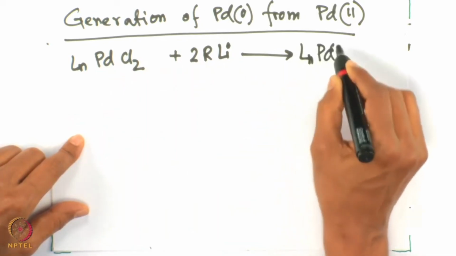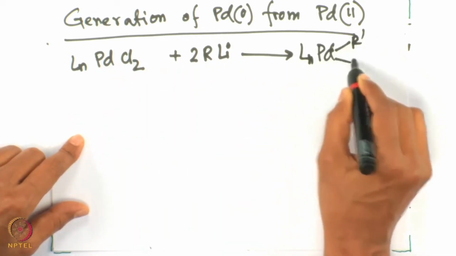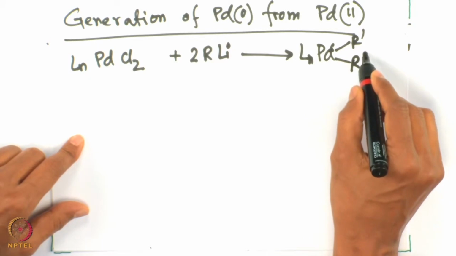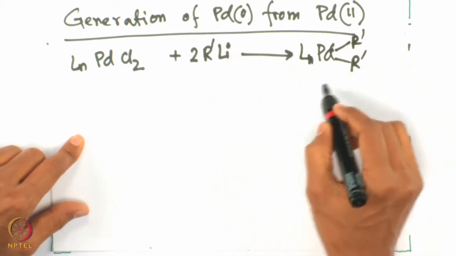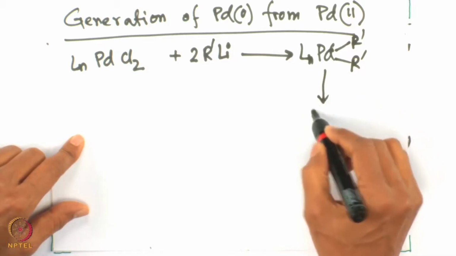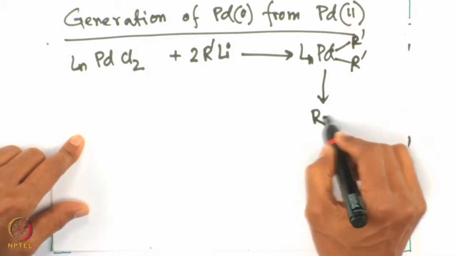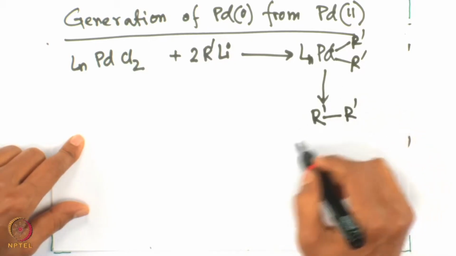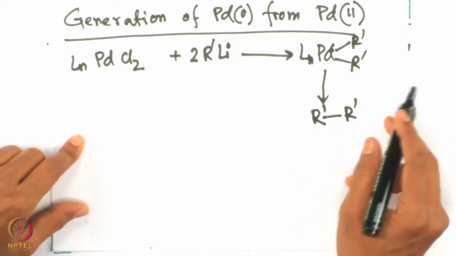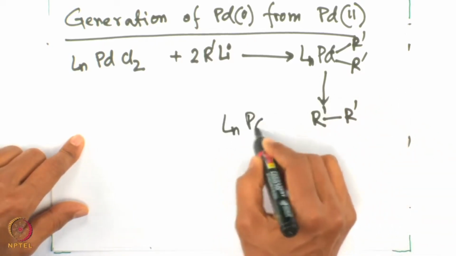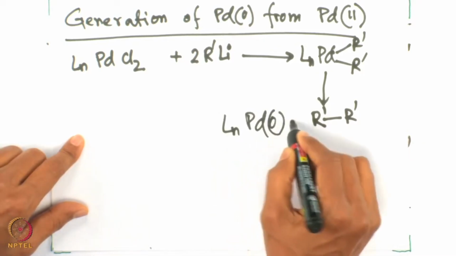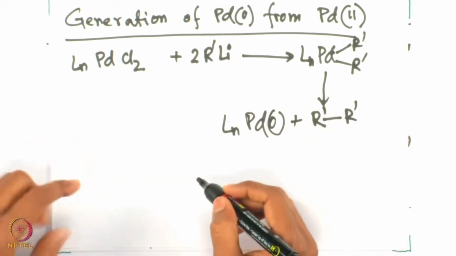Often we have palladium with R and R prime, and from here you will get R prime R prime. This is a side product, forming in very small amounts, and in the process you get LnPd(0), the one which you are interested in.